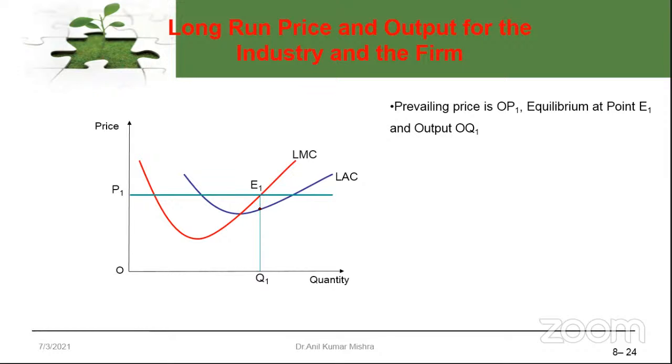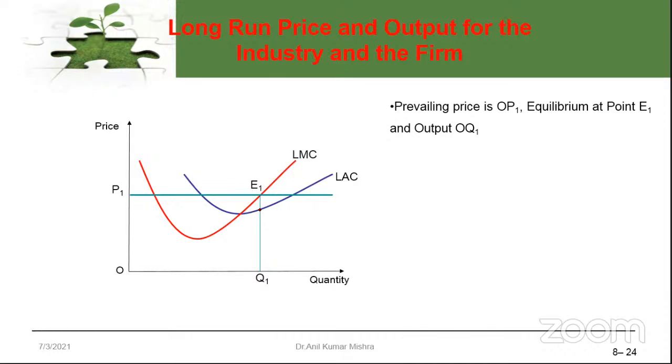So if there is supernormal profit, then what happens? As you know, if supernormal profit occurs to the producer in the long run, new producers enter into the industry. I mean, new firms can enter into the market. If new firms enter the market, the supply curve shifts towards right, and the total supply increases.